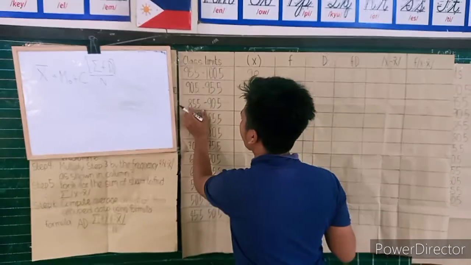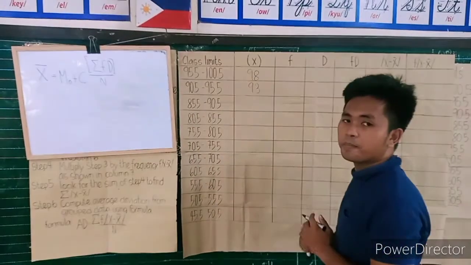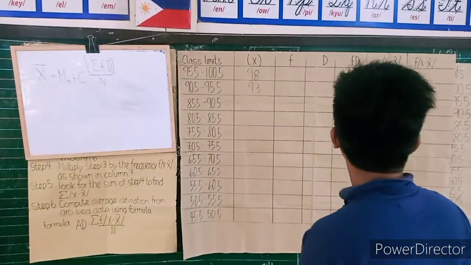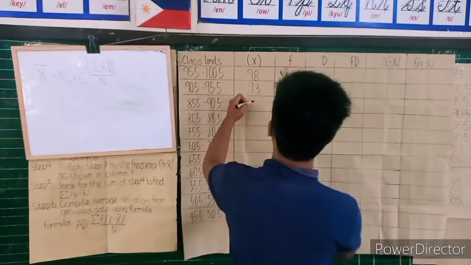Then 85.5 plus 90.5 divided by 2, we have 88.